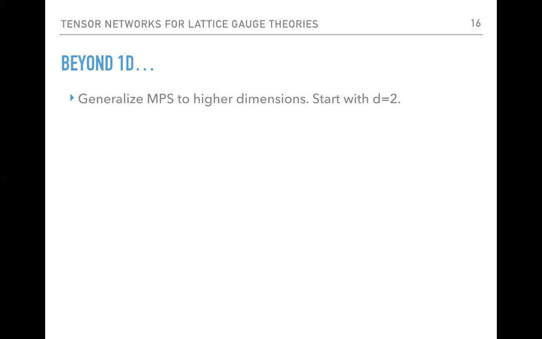I don't know how difficult it is to implement numerically in this case, but it's an interesting goal. I don't know if anybody has tried, but it's an interesting thing to do.